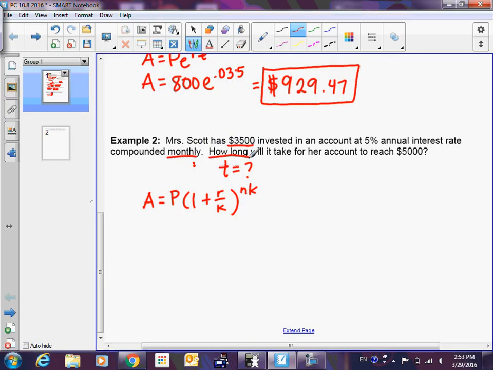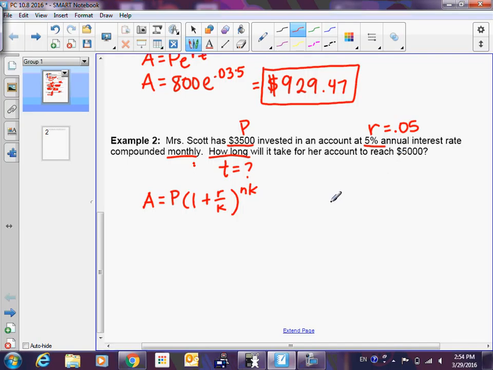So if Mrs. Scott invests $3,500, that's her principal. Okay, what is this 5% telling us? That R equals 0.05. Be really careful with that.